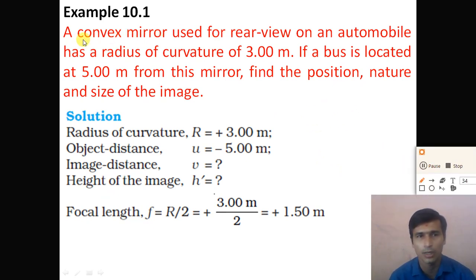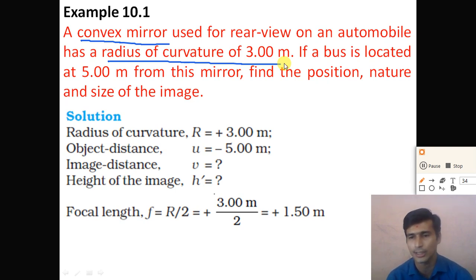First, a convex mirror is given to you. So we take into account the convex mirror, and the radius of the curvature of the convex mirror is 3 meter. So focal length and the radius of the curvature for the convex mirror we take as positive. So here the radius of curvature we take R is equal to plus 3 meter.